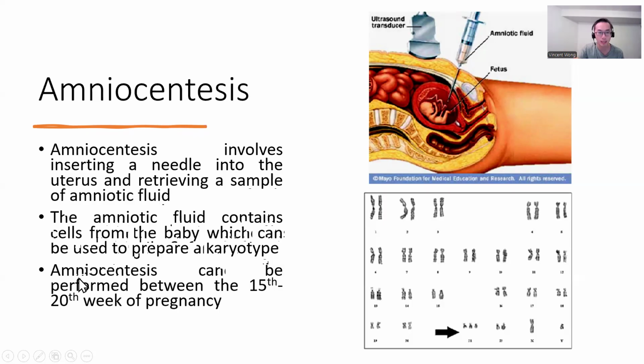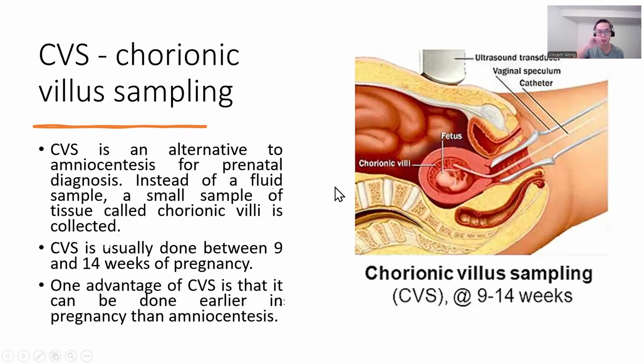This procedure, amniocentesis, can be performed between the 15th to 20th week of pregnancy. In some cases, a woman might choose to do the sampling even earlier if they are at higher risk, for example. Then another procedure called CVS, which stands for chorionic villus sampling, is available. This can be done even earlier, between 9 to 14 weeks.